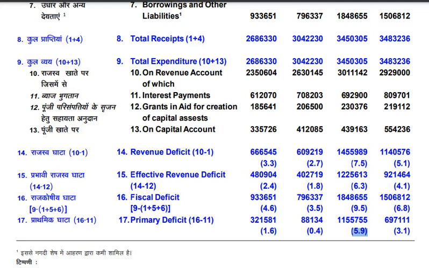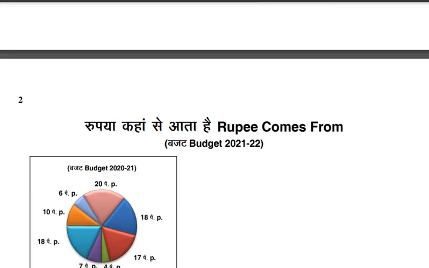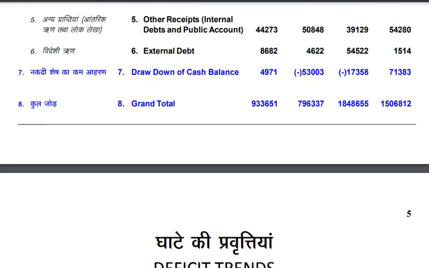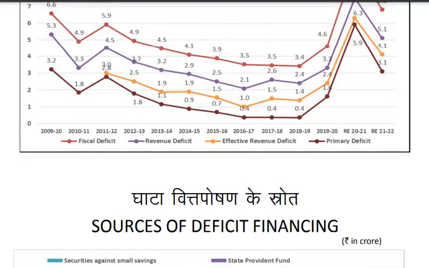So this is an important data which is not efficiently utilized or used to understand the government budget. See, once again we would look into the trends of the primary deficit.